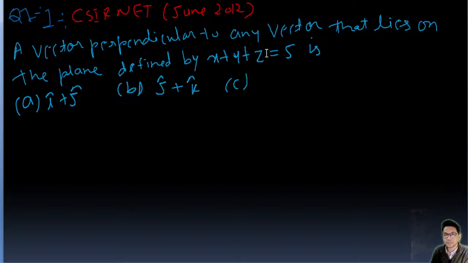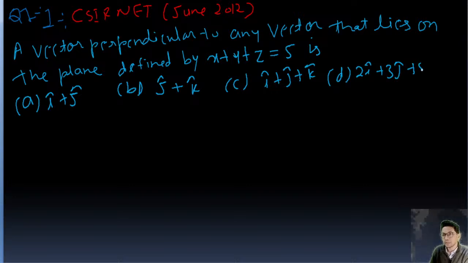Option C is i cap plus j cap plus k cap. And option D is 2 i cap plus 3 j cap plus 5 k cap. Okay, this is the question.